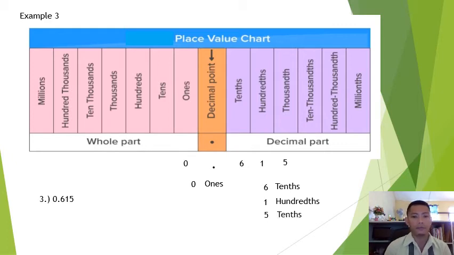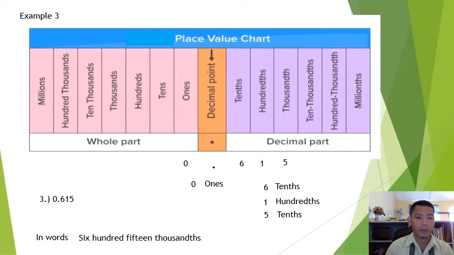Very good. In words, we will read this as 615 thousandths. We will not read the point as "and" since we do not have a whole number here except 0. And as you can see, 6 is followed by 1 and 5, so don't be confused with this.